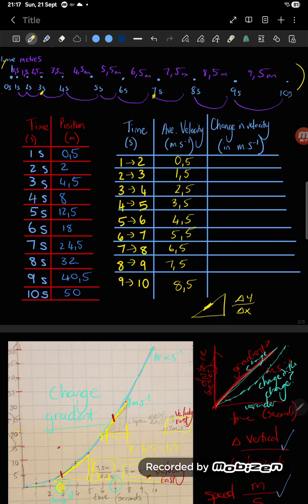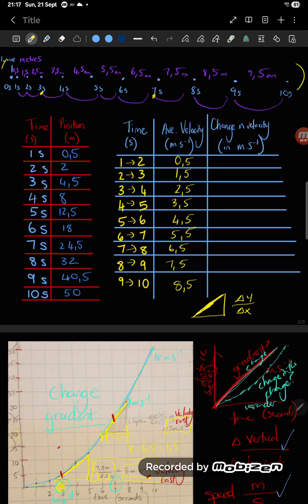Now remember, when we take the average velocity, because this was a curve, I'm going to take like a tangent line which has a definite gradient, same gradient all over a line, the tangent, and I'm going to say the change in y over the change in x. So I'm going to get an average velocity of 0.5, 1.5, 2.5, 3.5, 4.5, 5.5, 6.5, 7.5, 8.5.